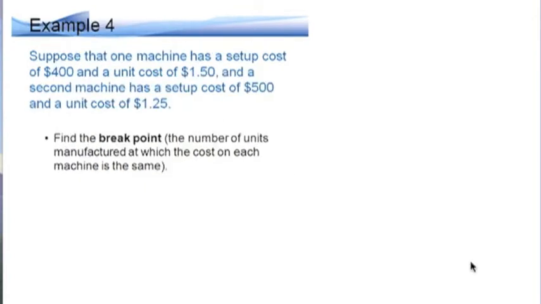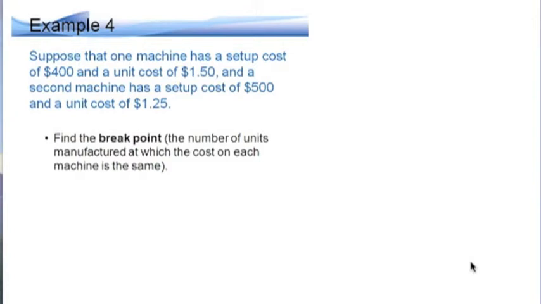Knowing those two things will allow us to solve this example. Suppose that one machine has a setup cost of $400 and a unit cost of $1.50, and a second machine has a setup cost of $500 and a unit cost of $1.25. Do you guys understand what's going on there?